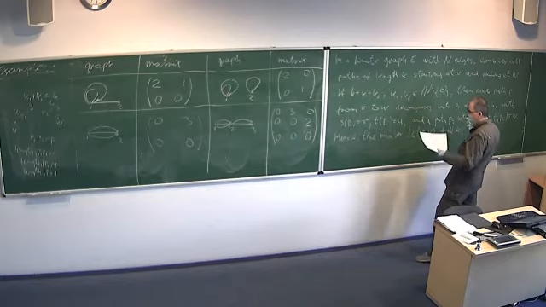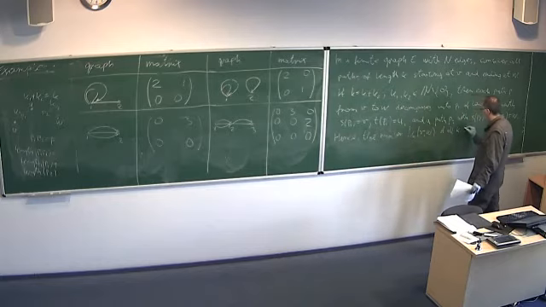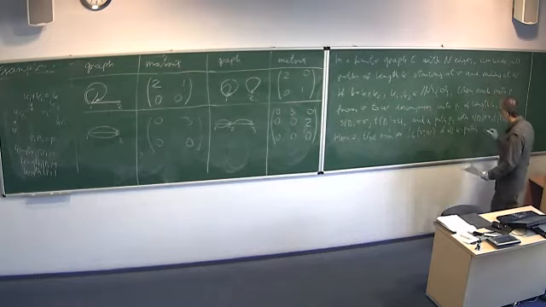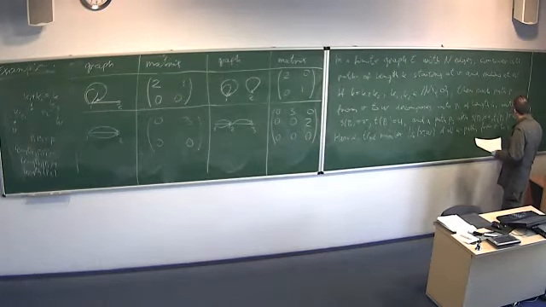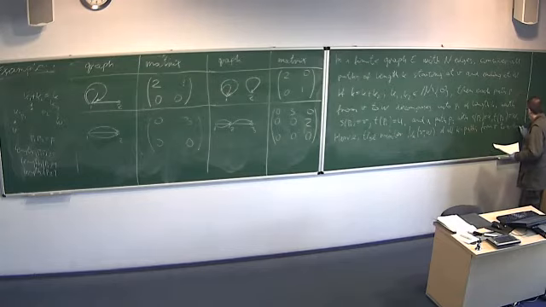And when I say k path, I mean a path of length k. Of all k paths from V to W equals the following sum.